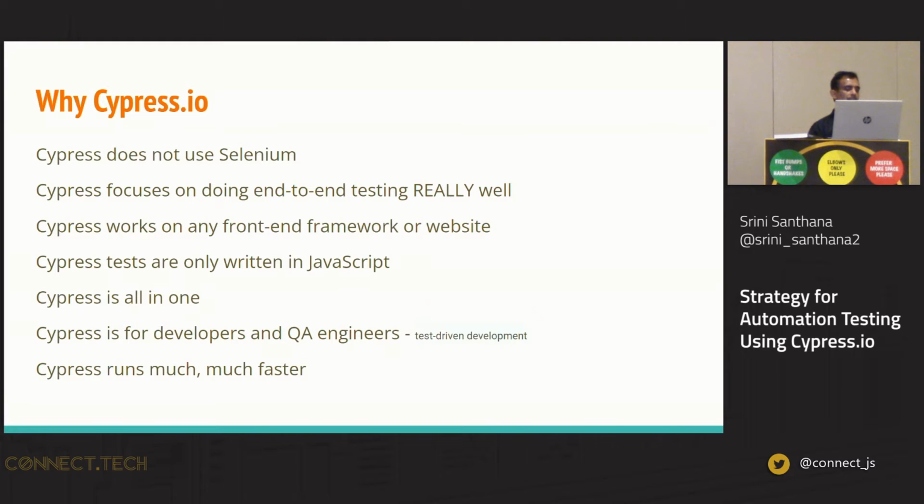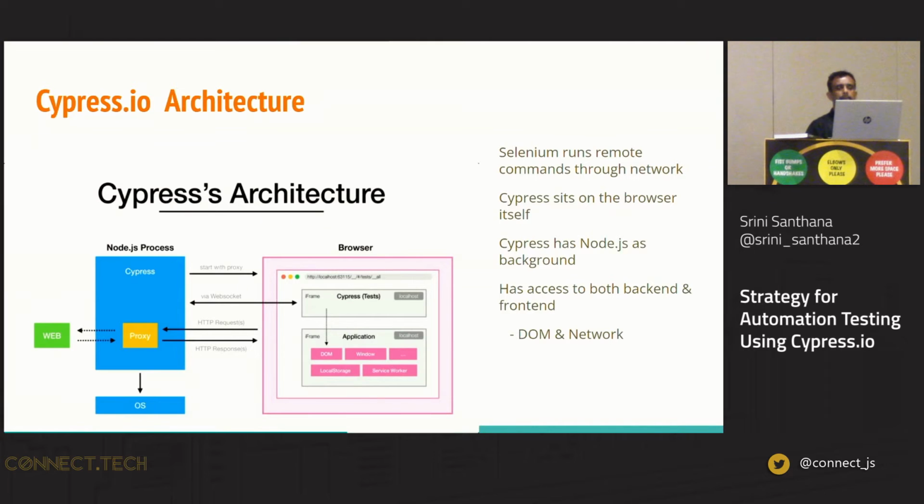Cypress runs much faster because it's so light, and it's in the browser itself. It runs very fast. Here is a very high-level architecture diagram. In Cypress, behind the scenes, it's using the Node.js platform, and that Node.js is also in the browser itself.